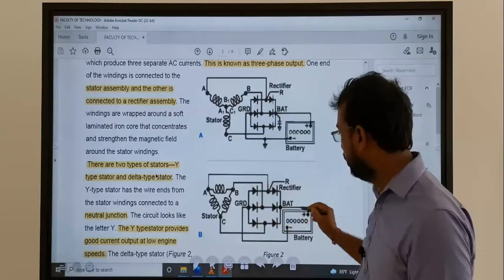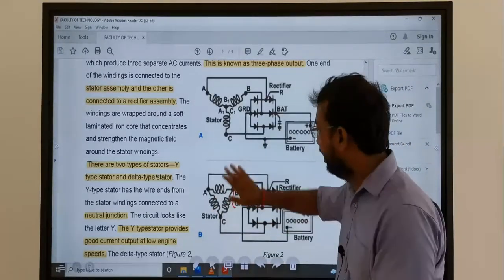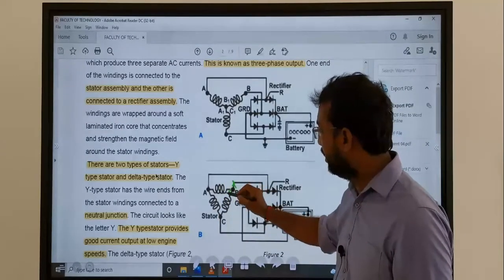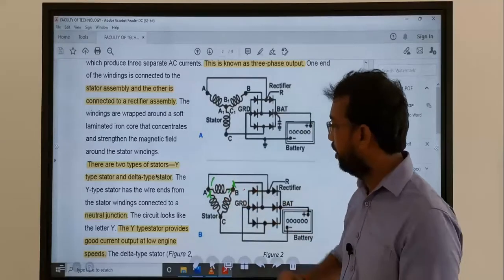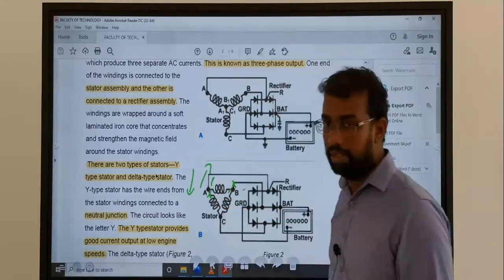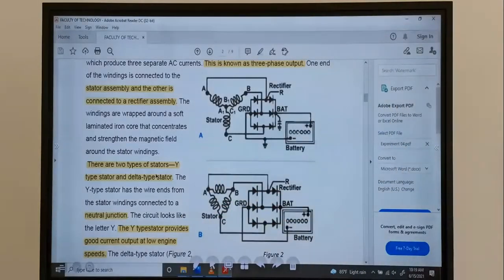One plus goes to minus, then that path is finished, then again another plus. Every time this plus and minus change, one time this is plus and another time it is minus, because of both directions of the AC current.